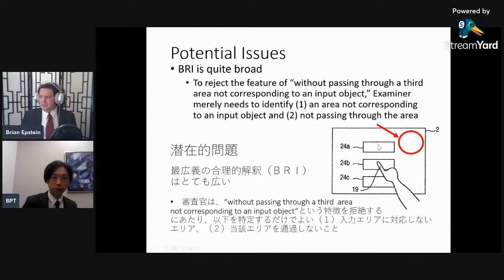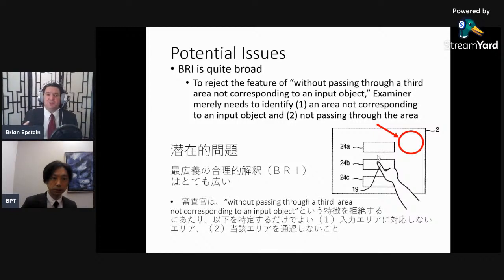They don't have this border area between the operation buttons. And so the hypothetical applicant introduced this phrase of without passing through a third area not corresponding to an input object. But in order to reject that under BRI, the examiner merely needs to do two things.